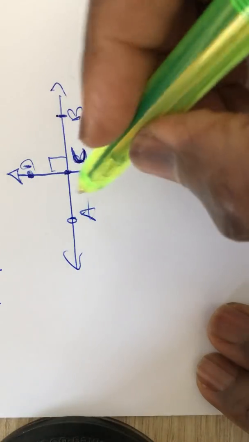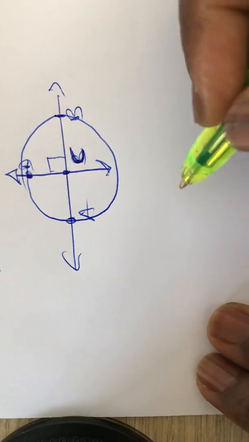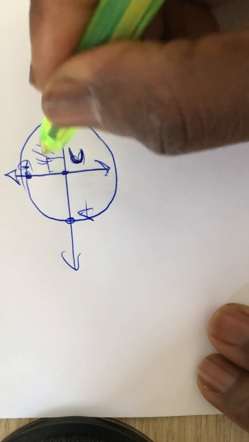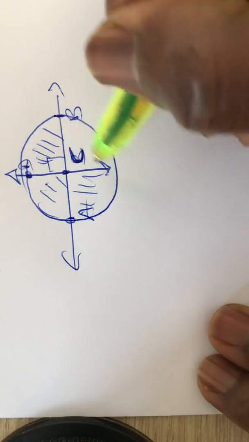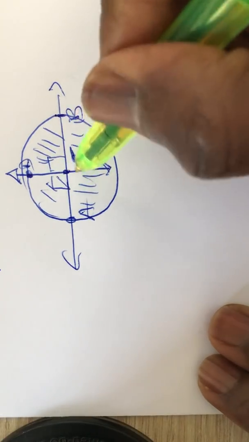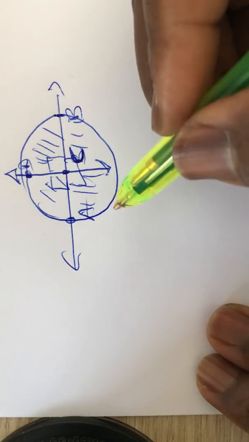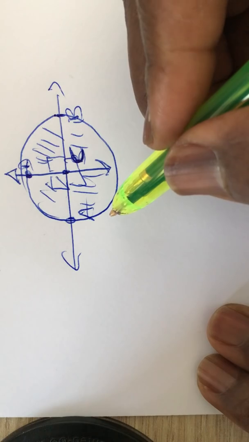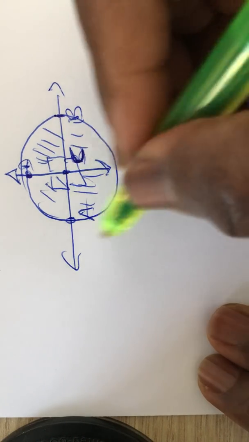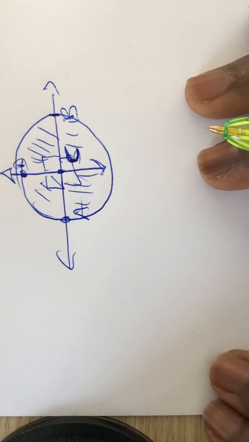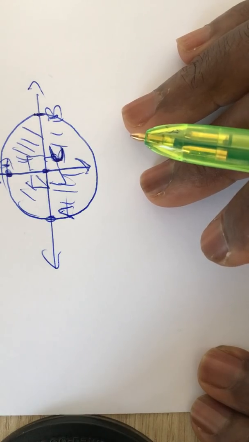The best way to measure this is to come up with some sort of circle, so that the area under the first quadrant will be equivalent to the area under each of these quadrants, so that you can have right angles all through the circle. So a perpendicular bisector actually divides a circle into four equivalent parts that will be equal in terms of areas.